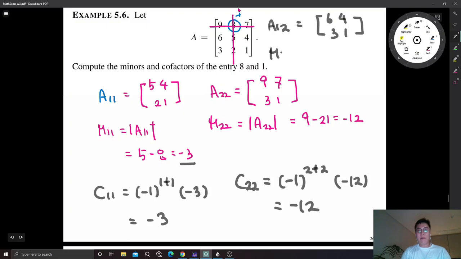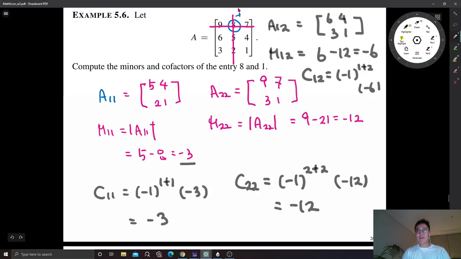And the minor is the determinant of this sub-matrix, 6 minus 12, so negative 6. And the cofactor is negative 1 to the power 1 plus 2 times this minor.